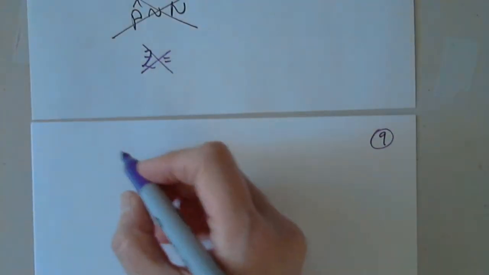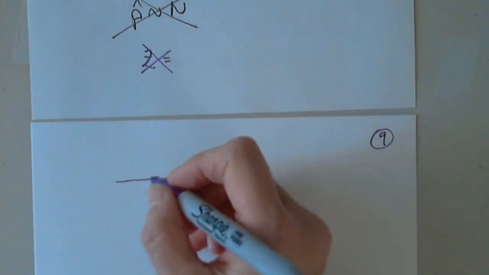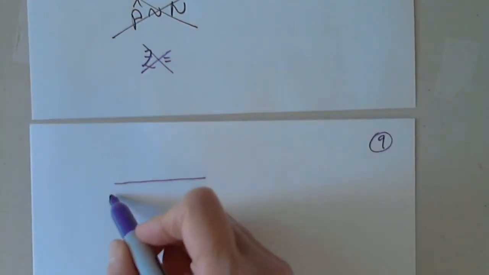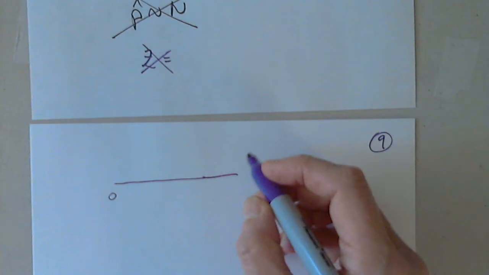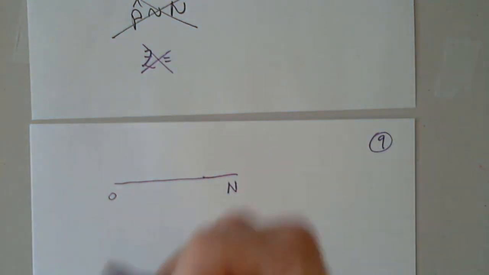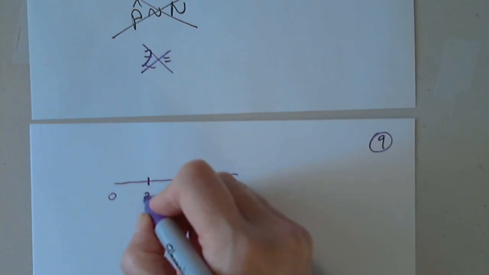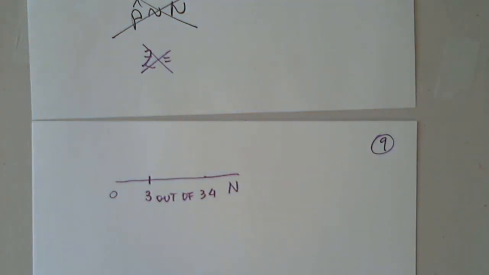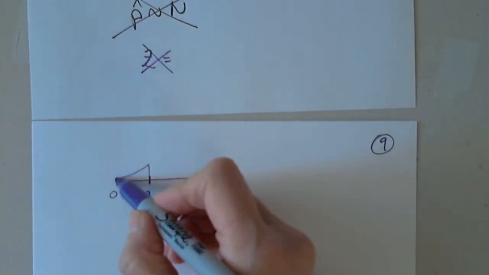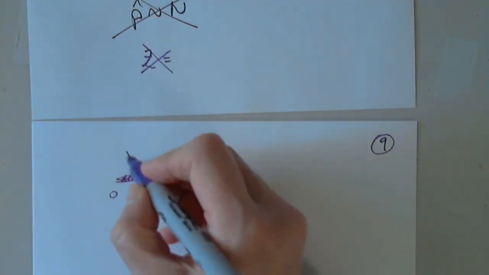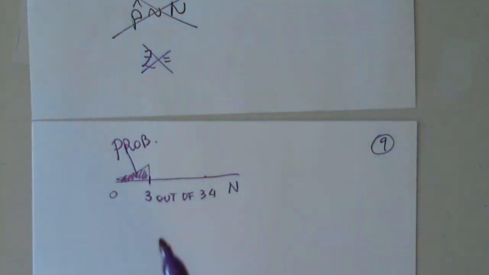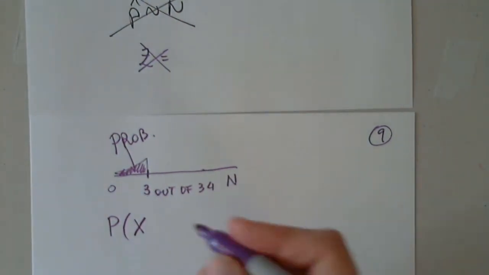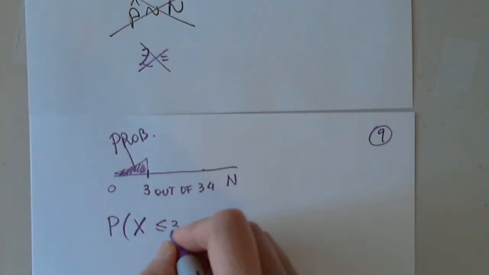So we are interested in, I cannot even draw normality here because it's not normal. But we are looking at anywhere between 0 and population n. So our sample gave 3 out of 34. So we are going to determine this area, or if you wanted the probability, that the number of mothers under age 20 is less than or equal to 3.